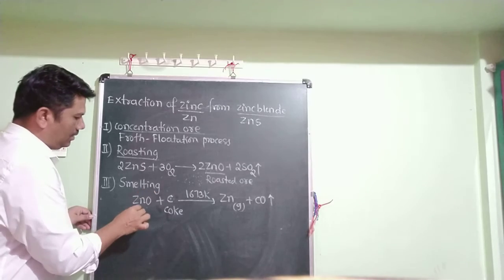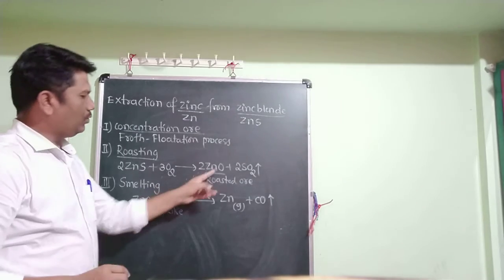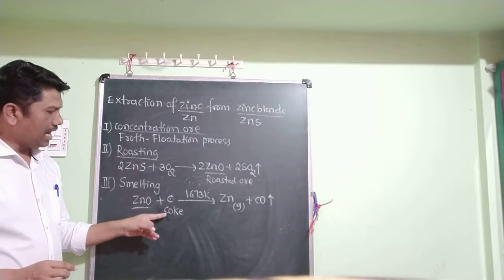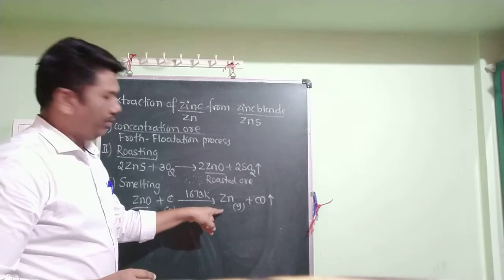During smelting, the zinc oxide, that is roasted ore, is mixed with the coke, that is carbon, to form zinc vapors.